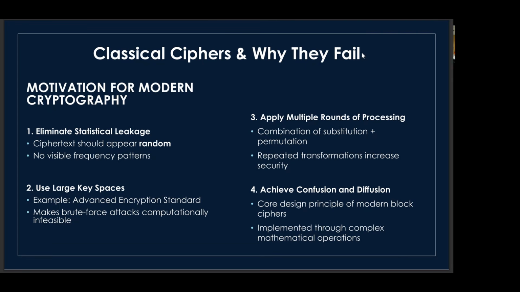Because nowadays, with a combination of quantum computing and AI, statistics are very easy to guess, right? Then the pattern of the ciphertext and plaintext can be easily guessed. So you use a large key space. For example, the Advanced Encryption Standard makes brute force attack computationally infeasible.